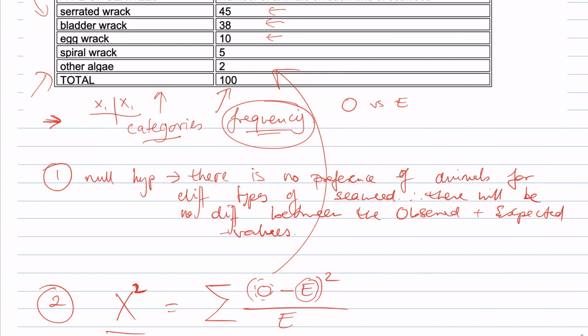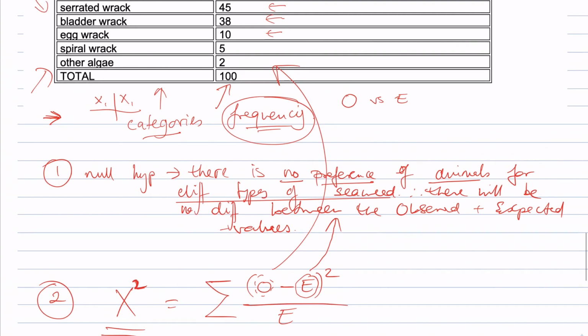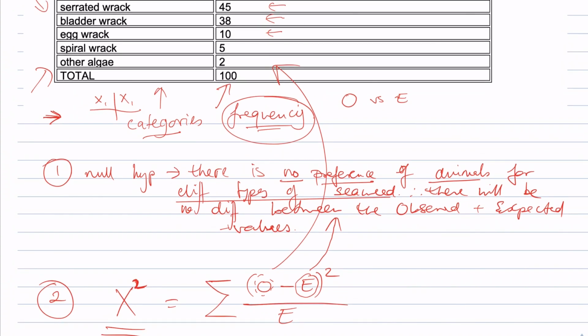In order to work out the expected frequencies, pay close attention to your null hypothesis. The null hypothesis states that there is no preference of the animals for the different types of seaweed. So in the case that the animals had no preference, we would expect the animals to be equally distributed across the different types of seaweed.